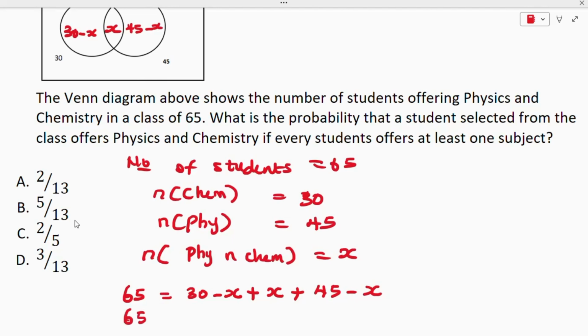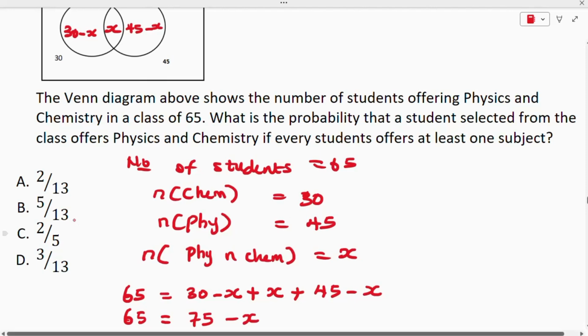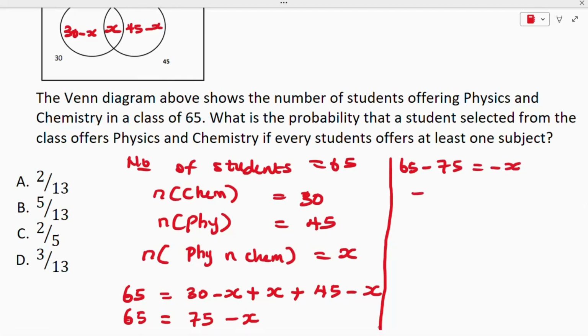So we have that 65 is equal to 30 plus 45, which is going to give us 75, minus x plus x is 0, 0 minus x is going to give us minus x. So from here we have 65 minus 75 is equal to minus x. 65 minus 75 is minus 10, which is equal to minus x. So we cancel out the negatives. So therefore we have that x is equal to 10.